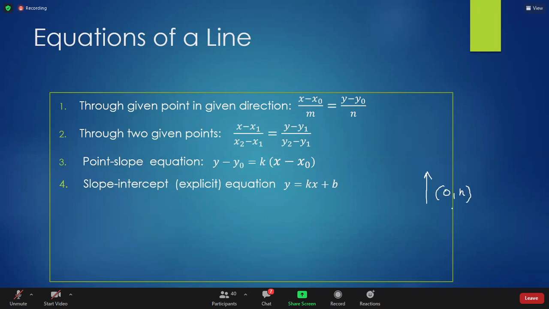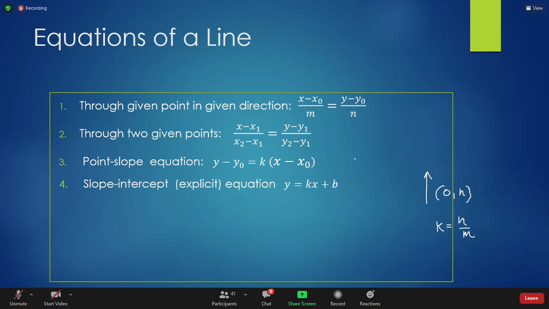So in this case, dividing, and remember that we did divide n by m, in this case, dividing is not possible. So for a vertical line, we can say that this equation doesn't work. This equation will not exist for a vertical line, these two, point-slope and slope-intercept, because the slope is not a finite number. k is not a finite number. We have to divide by 0, which is not possible.